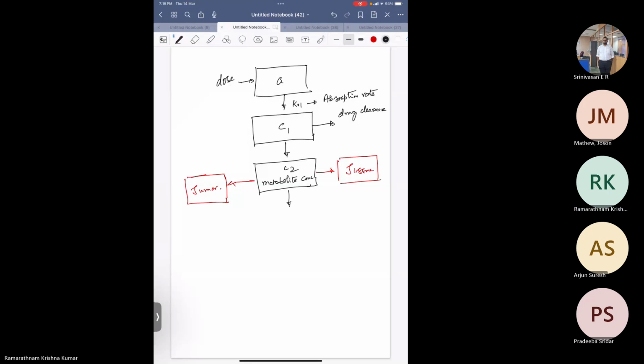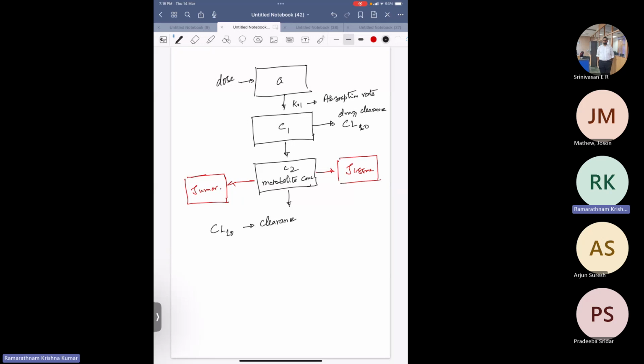Now, let's put some numbers to it. This clearance is usually indicated as CL followed by two subscripts, 1, 0. 0 means it's going out of the system, and 1 means from which compartment. So CL10 is the clearance. Now, what is this? There's always a big confusion about this very important thing.